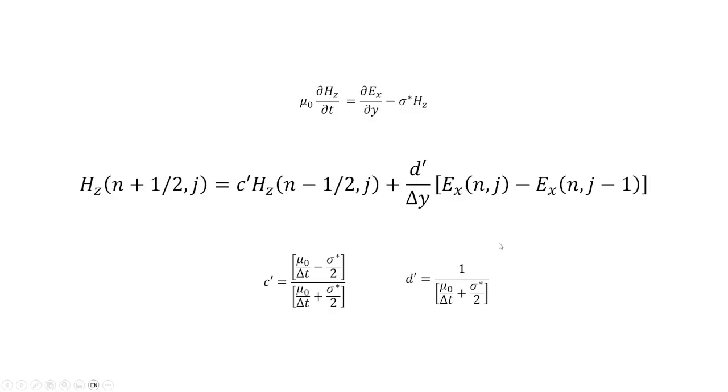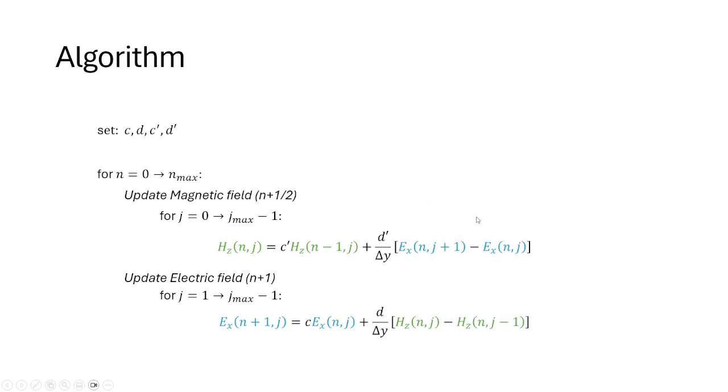And this is almost identical to the electric field update equation as well. All right, so this is what our FDTD algorithm looks like with this conductivity material. It's the same as in the last 1D FDTD video, except now we have slightly modified update equations for the H and for the E fields.